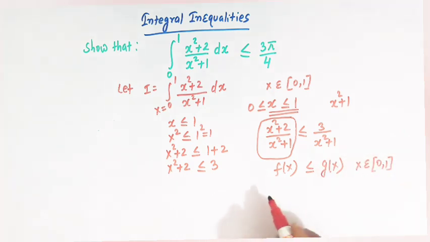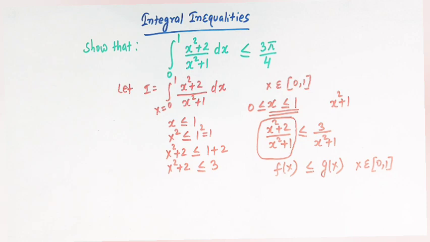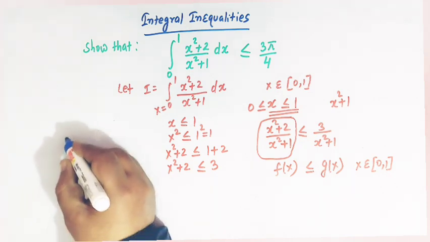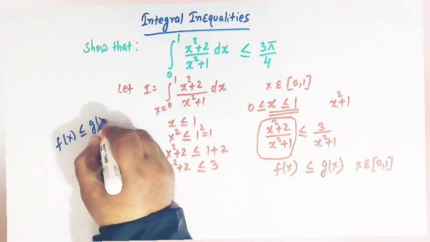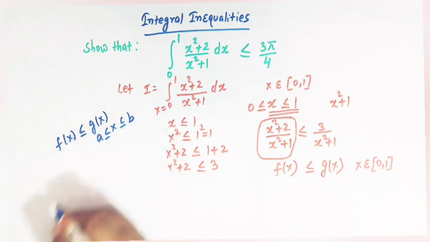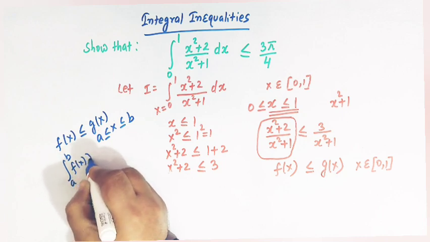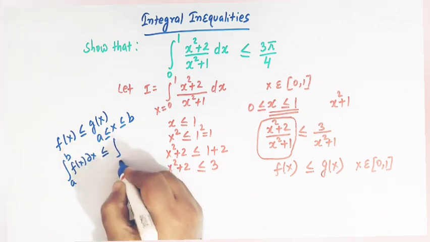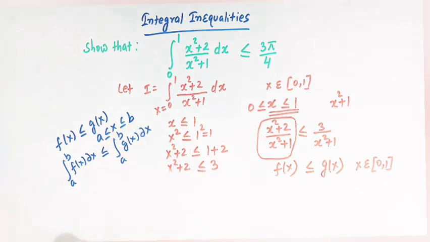Now from integral inequalities, we know an important result: if f(x) is less than or equal to g(x) in the interval [a, b], then the integral from a to b of f(x) dx is less than or equal to the integral from a to b of g(x) dx.